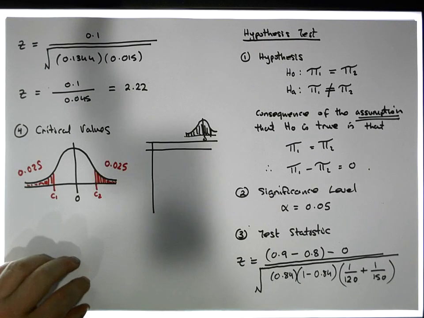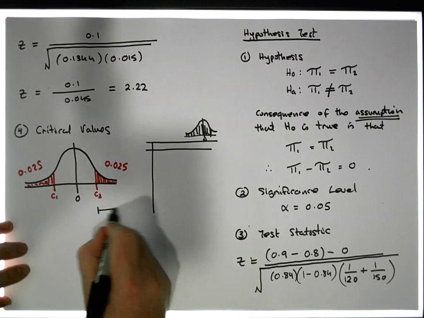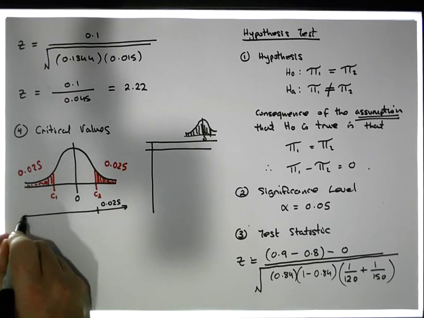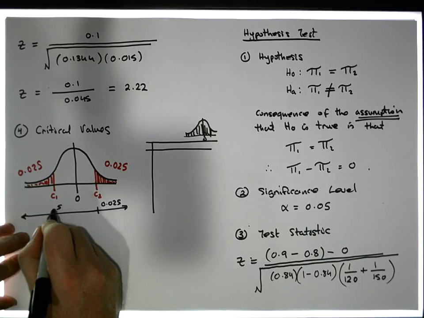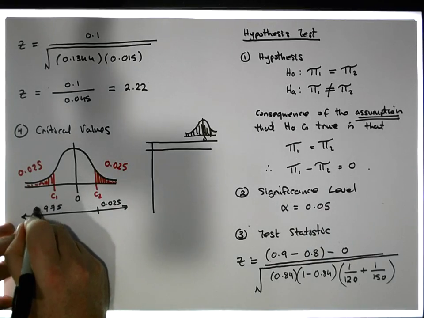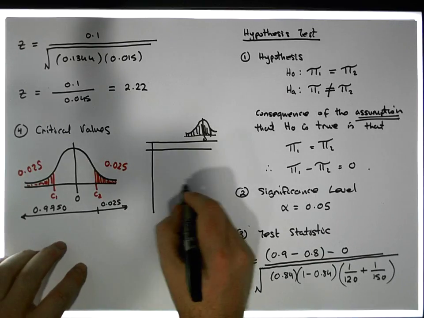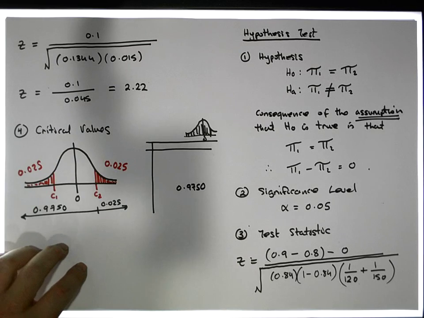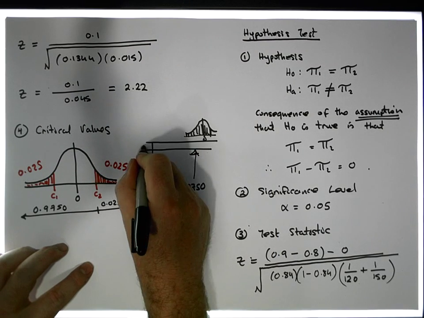So with respect to this critical value here on the right hand side, the area over here is 0.025, which means that the area from negative infinity up to it must be 0.975. In other words, 0.9750. So I need to find 0.9750 in my tables. I need to find out what column it's under and what row it's under, because that gives me the appropriate z-score.